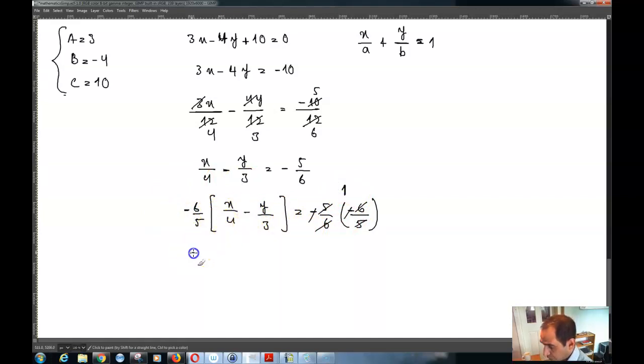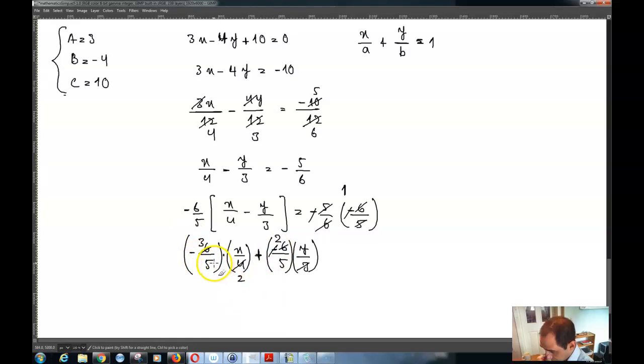So you have negative 6/5 times x divided by 4 minus negative 6/5 times y divided by 3, and what I would get is basically 6 divided by 2 is 3, and then 3, and then 2 over here, and the negative becomes positive.